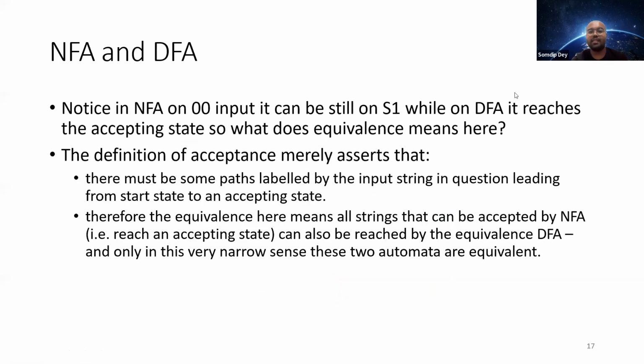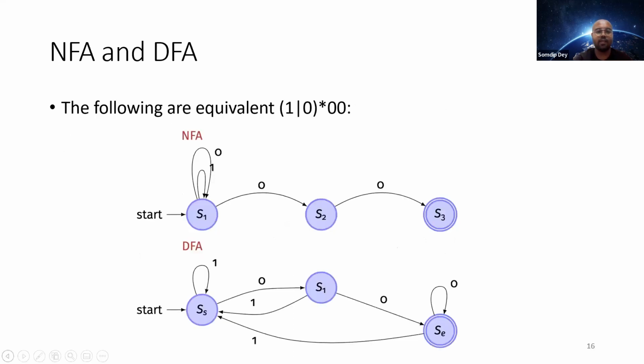As I've mentioned, notice that in the previous NFA, on 00 the input can still be on S1, while on the DFA, it reaches the accepting state. So what does equivalence mean here? We will be dealing with equivalence, but let's go back to the example. If the input string ends with 00, it will reach the accept state for both the NFA and the DFA.